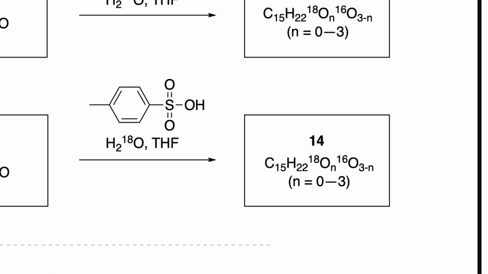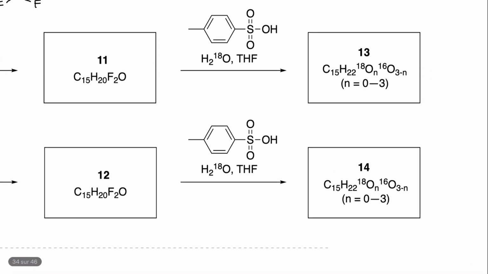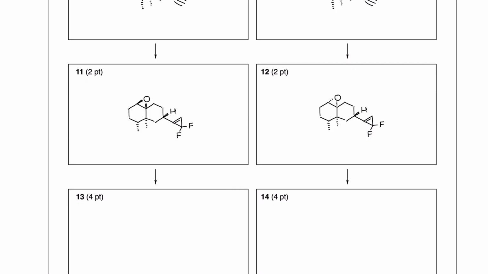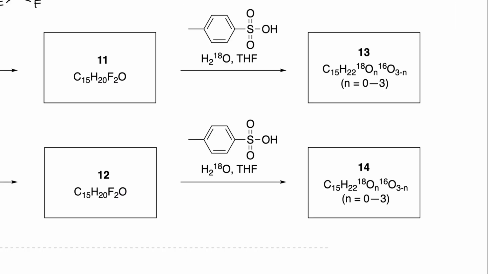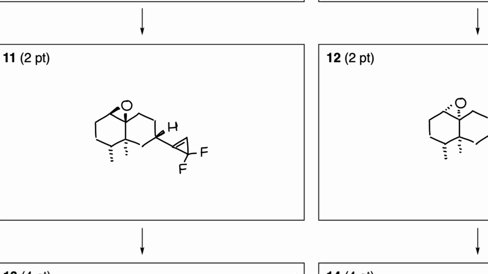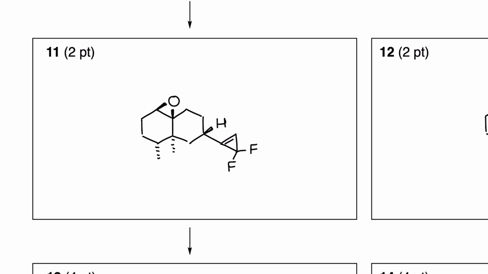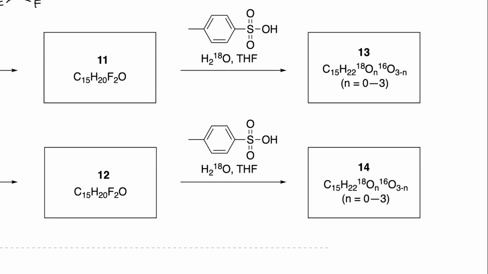So for 13 and 14, they have 3 oxygens. So it means 2 things. First is that this epoxide is broken, and sure it does, because we have water as our nucleophile, right?